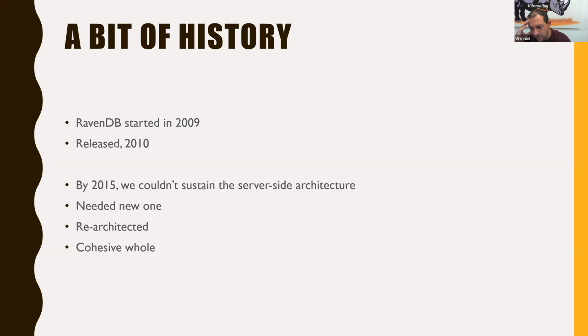So we had to basically go back to the drawing board, and we re-architected the whole of RavenDB from the ground up. And the way that we did that is that we took the 6 or 7 years of experience that we had in building RavenDB, and we sat down and we thought about how we're actually going to be able to do that.